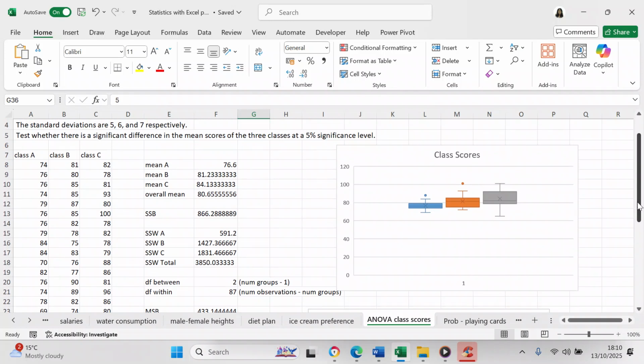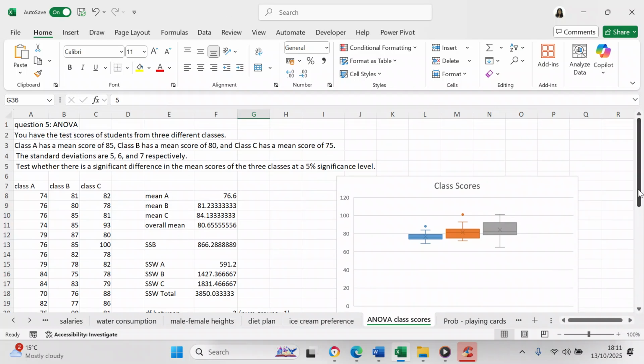So these box plots are showing you that according to this particular test, there is a significant difference between the three class scores, and so you have to reject the null hypothesis.